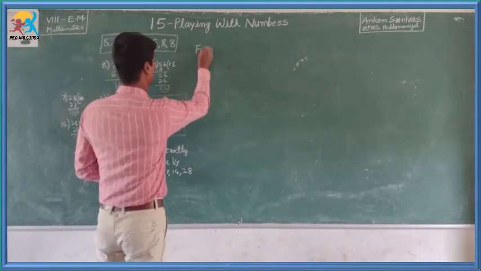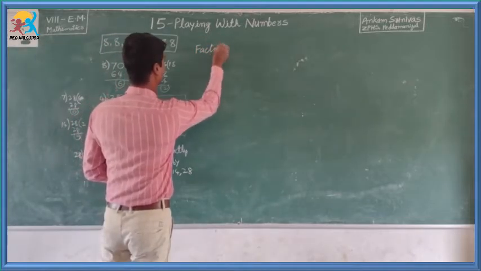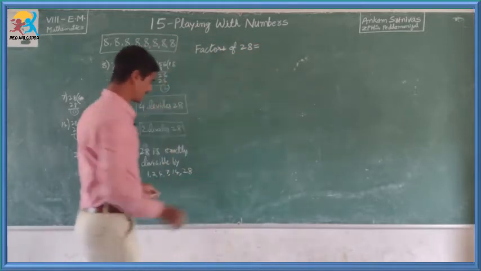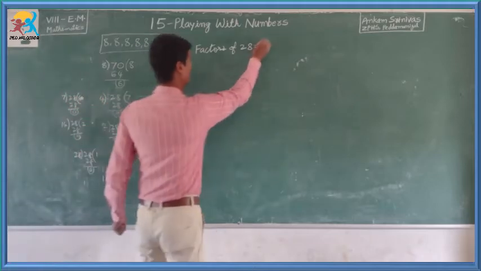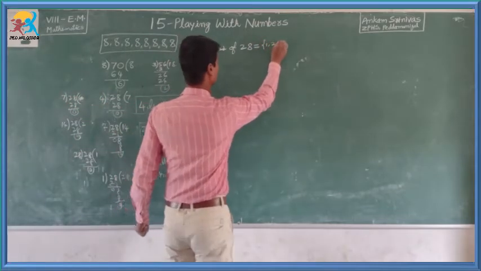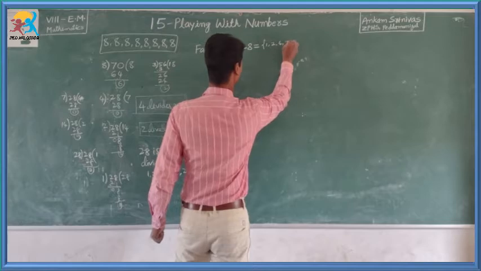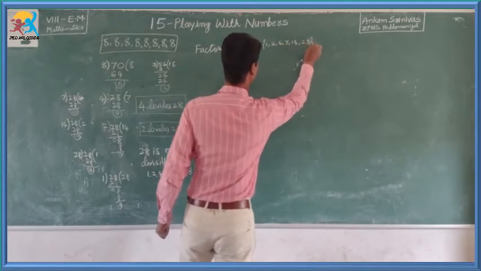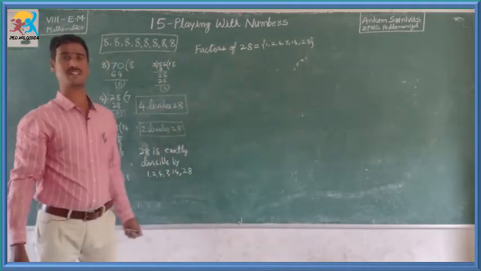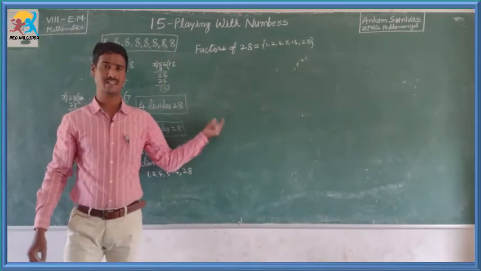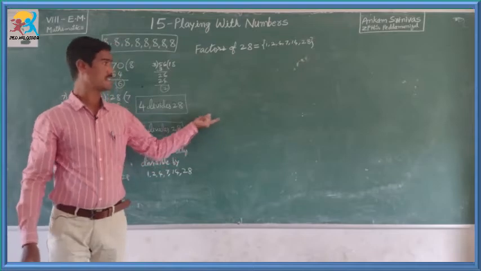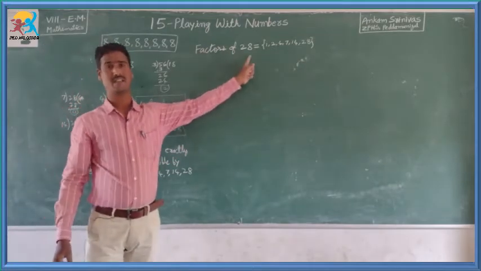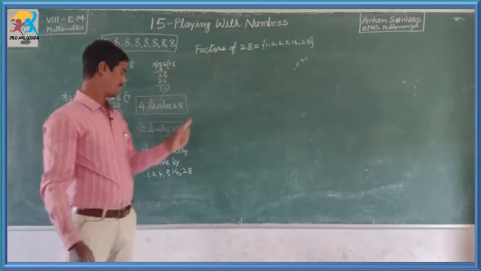What are called factors of 28? 1, 2, 4, 7, 14 and 28. So the numbers which divide exactly are called the factors of the given number.